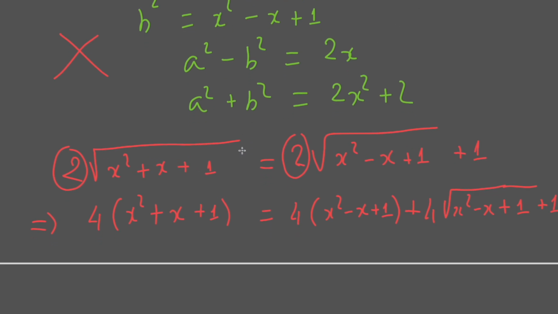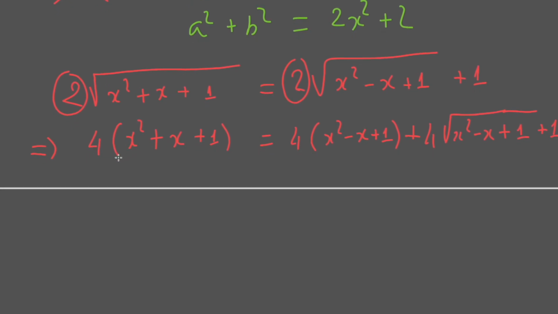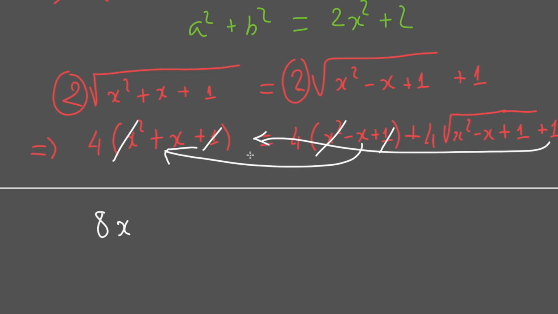Then we remove the common terms and move the rest to the left. We have 8x minus 1 equal to 4 times the square root of x squared minus x plus 1.